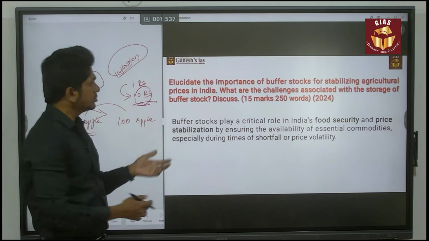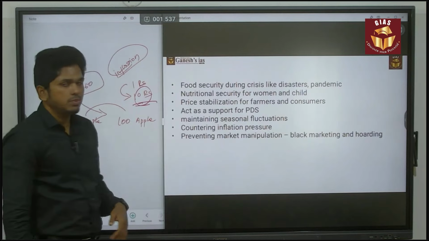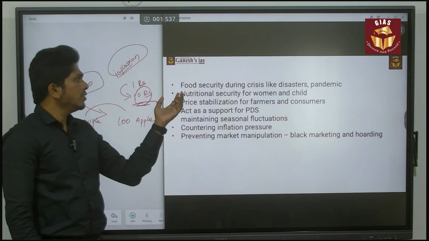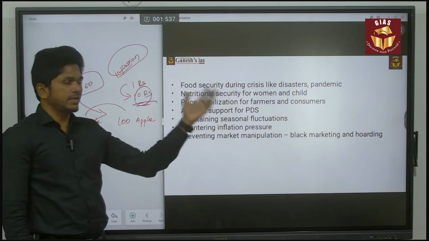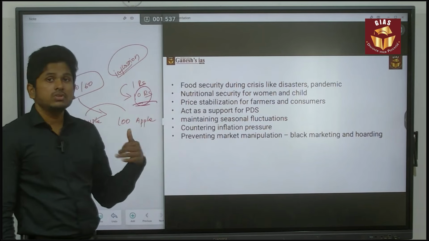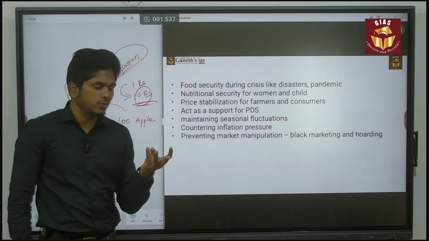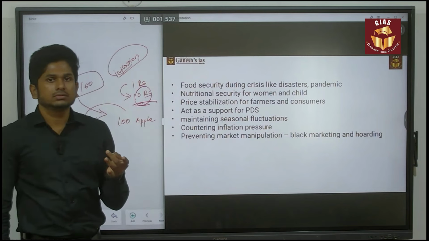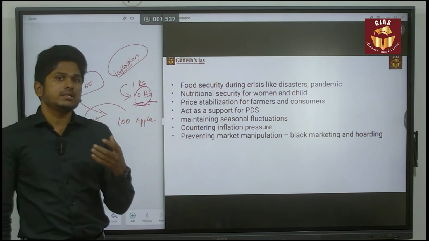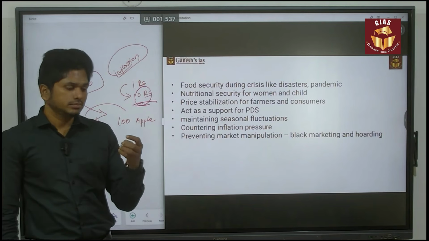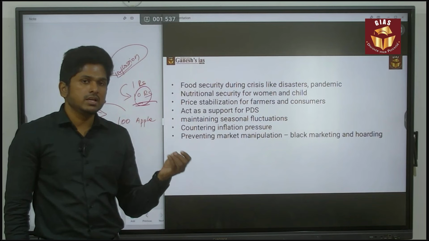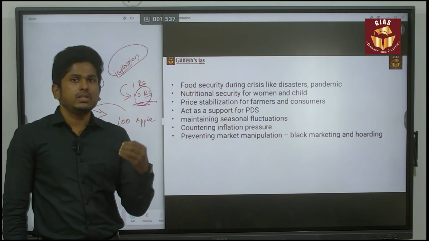The importance of this buffer stock: first, food security at the time of crisis. Next, nutritional security, because through the PDS we are providing rice, wheat, dal. Many states are providing more than this and are trying to provide nutrition security also.